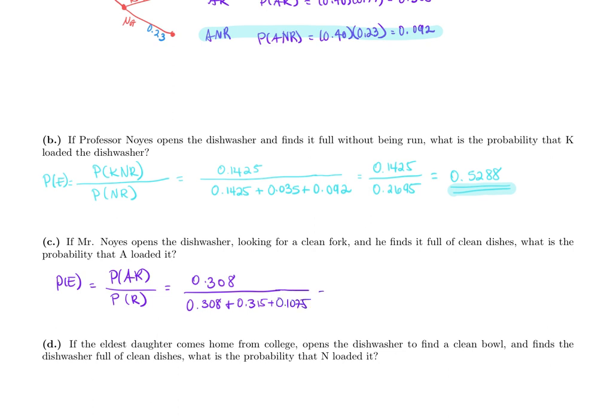So we end up finding out that we really get 0.308 divided by 0.7305. And I will say it's a pretty good indicator that at least 73% of the time, the dishwasher gets run after it's been loaded. So that's probably a good thing. So we end up here then with 0.4216. Or there's a 42% chance that A loaded and ran the dishwasher.